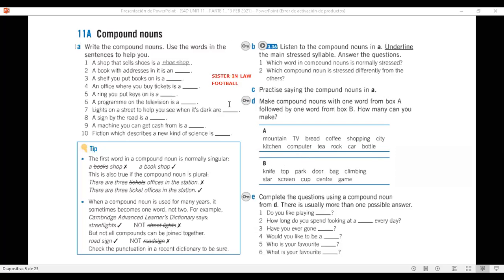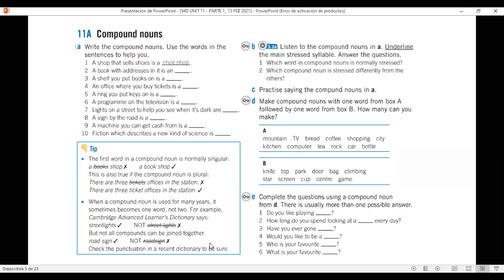A eso nos referimos con los guiones que ven muchas veces en algunas palabras, es decir, son palabras compuestas no tan comunes y por eso van con el guión de separación. Pero cuando son palabras que desde siempre se han utilizado, por ejemplo, policeman, fireman, van juntas las dos palabras, ¿ok? So this is what we have as a compound nouns exercise.